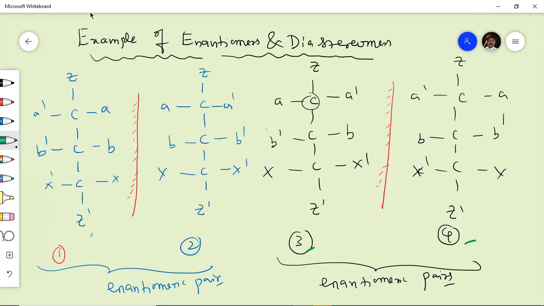In the case of anomers, if you observe, the terminal carbons of the first one and third one show the anomeric forms. That's why 1, 3 and 1, 4 are diastereomers.